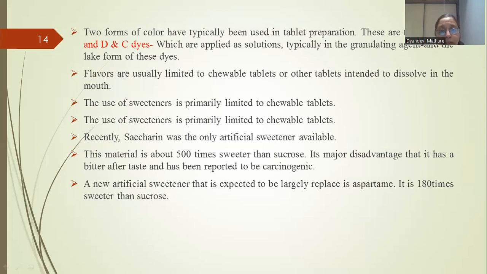Then we need lubricant, anti-adherent and glidant, to reduce cracking, to reduce sticking of the mass to the die cavity and punch, and to improve flow properties. And then to improve the aesthetic property or marketing value of your product, you can use different types of dyes like D&C dye. You can use flavors in the case of chewable tablets, as well as sweeteners.